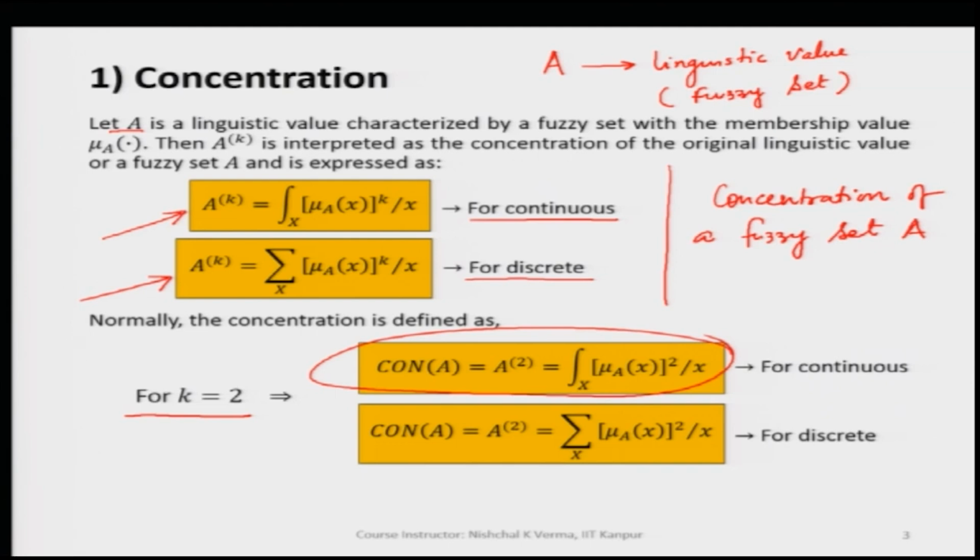If we have a continuous fuzzy set A and we are interested in finding its concentration, then we simply write A raised to the power 2 within bracket. Why within bracket? Because we are not exactly squaring the fuzzy set A, we are only squaring the membership values or membership functions of the fuzzy set A. So, A raised to the power 2 within bracket is equal to the integral over the universe of discourse of mu A of x raised to the power 2, divided by x.